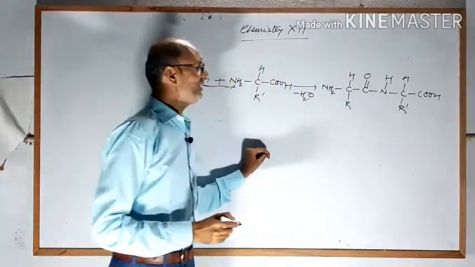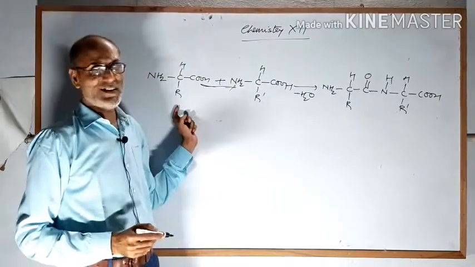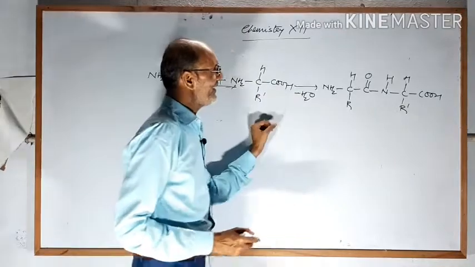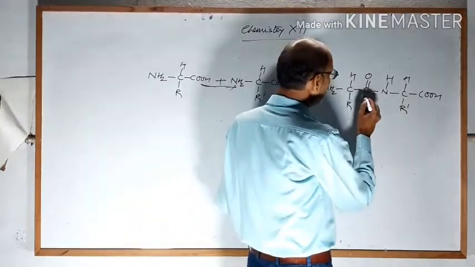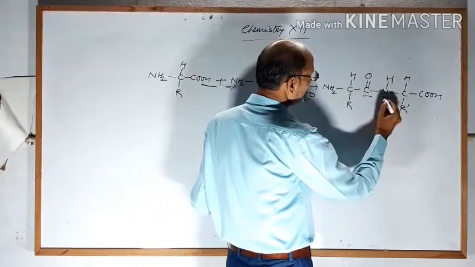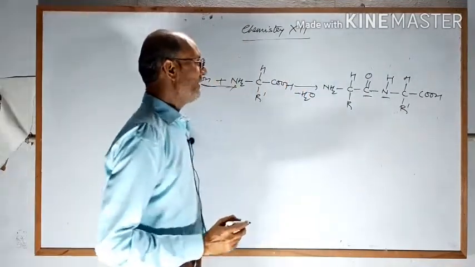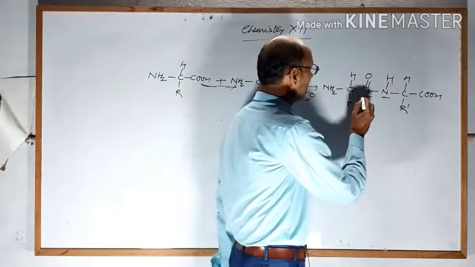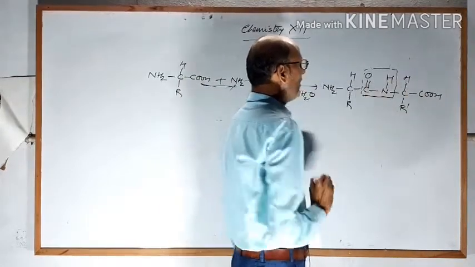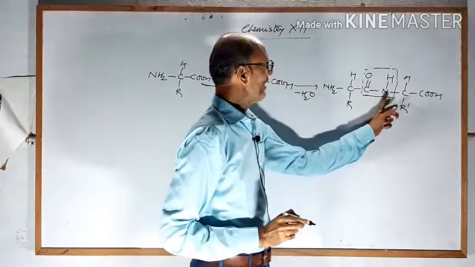So what you are seeing here, two amino acids are connected by condensation, that means removal of water. And how they are connected: the carbon of the first amino acid is connected to the nitrogen of the second amino acid. In this way they form a bond between the CO group and NH group, first of CO and second of NH group.